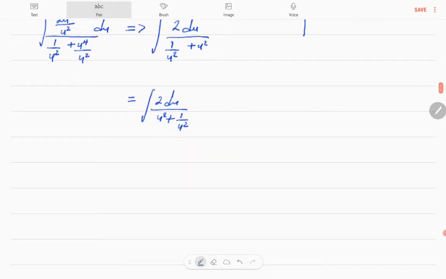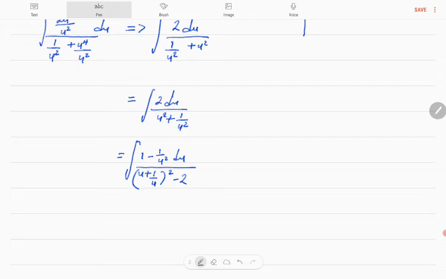I'm going to have the integral of 1 minus 1 divided by u squared du divided by u plus 1 divided by u, whole squared, minus 2.